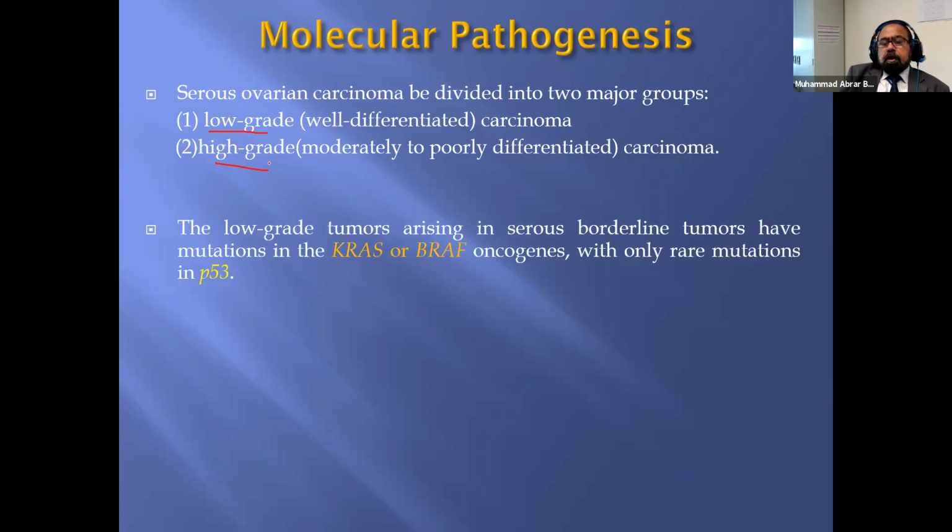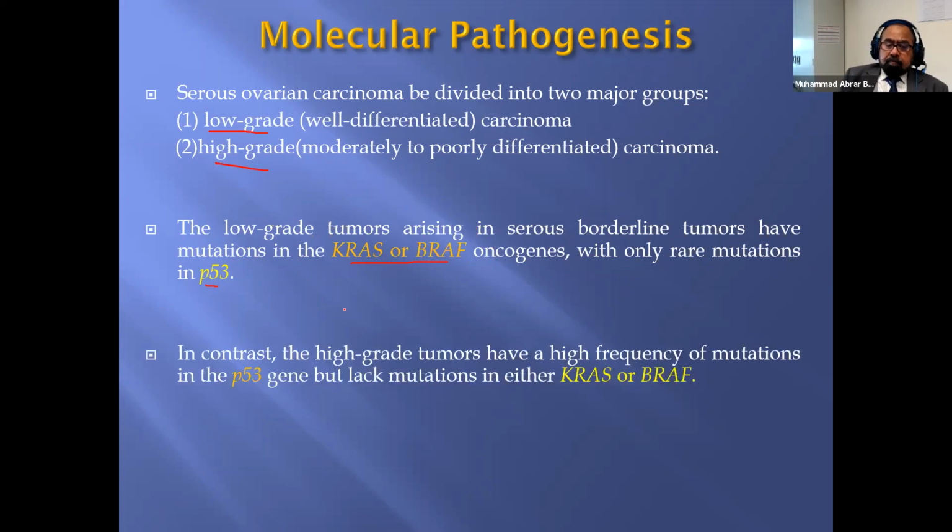Now they have seen that the low grade tumors arising from serous borderline tumor have a mutation in KRAS and BRAF, with only rarely mutation of P53. This means if you are talking about low grade tumors, you might see a mutation of KRAS and BRAF. On the other hand, in contrast, high grade tumors have a high frequency of mutation of P53, and they can lack mutation of KRAS and BRAF.